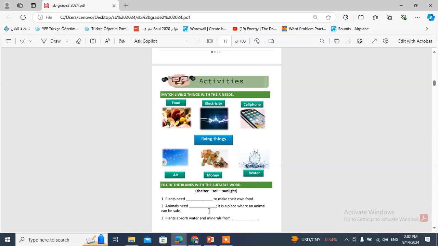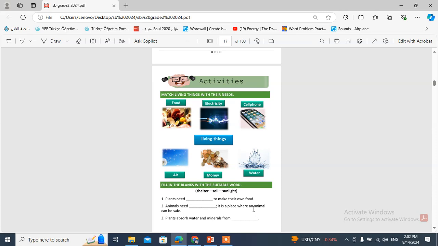Now, to the second question, fill in the blanks with the suitable word. The words are shelter, soil, sunlight. Number 1, plants need blank to make their own food. They need sunlight. 2, animals need blank.